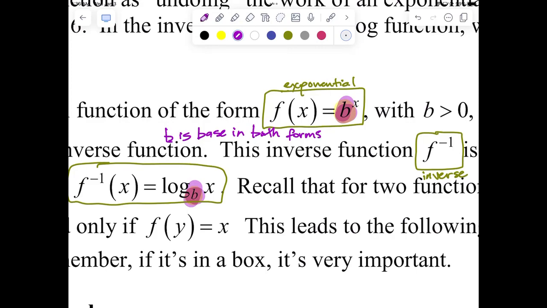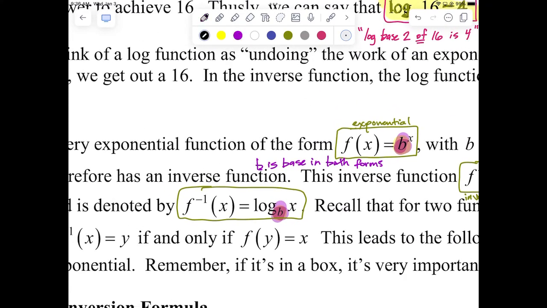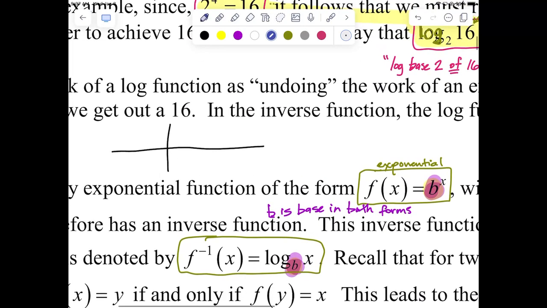If you were to graph these, let me show you what this looks like, because I think we've talked about the natural log of x, ln of x, as a parent function. If you have this graph right here, this could be y equals b to the x. Its inverse is going to look like this. This is y inverse, which equals log base b of x.